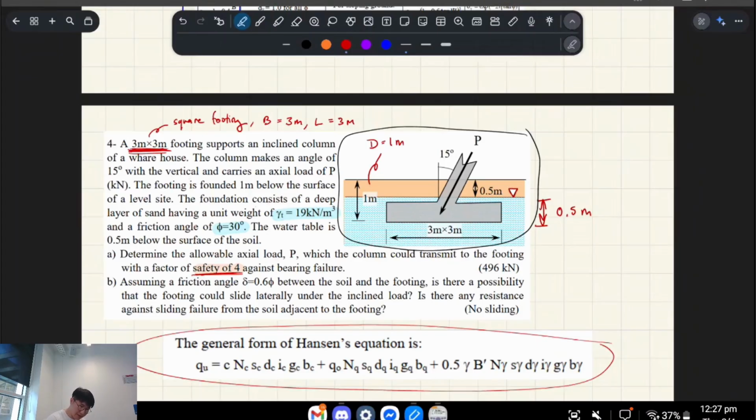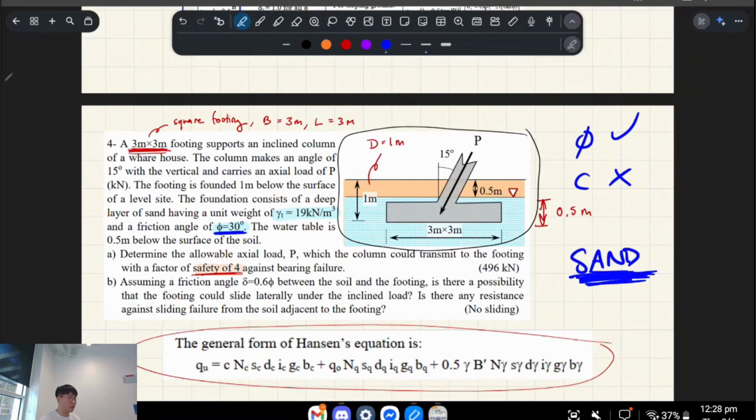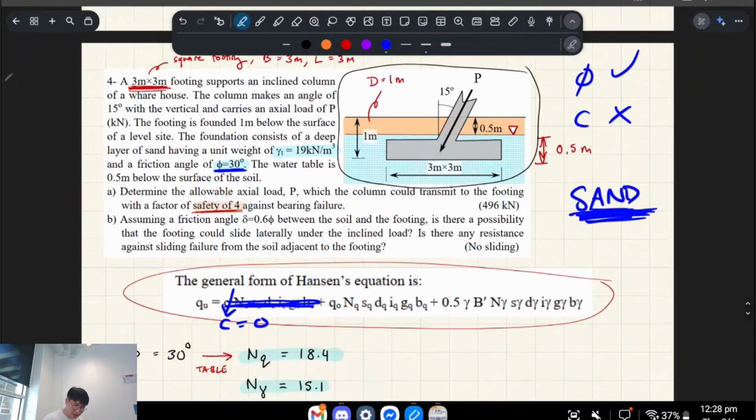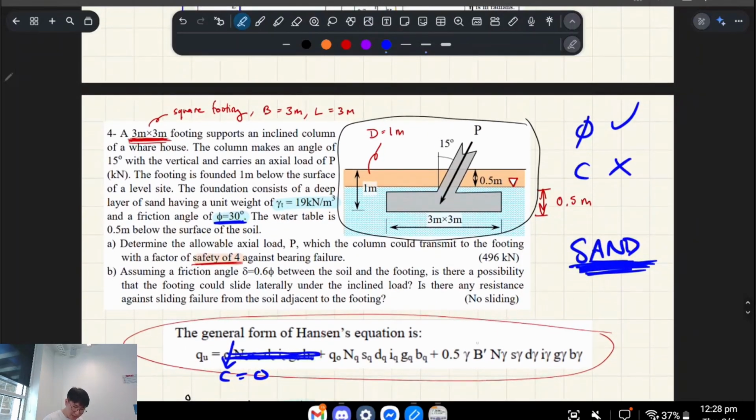The first thing you have to realize is that this soil has a friction angle but doesn't have cohesion, which implies that it's a sand. If it has cohesion, they basically specify it for you. Because of that, this first portion of the equation becomes 0. Next, we don't have ground and base factors, but we do have an inclined load factor, so that is something we have to consider.